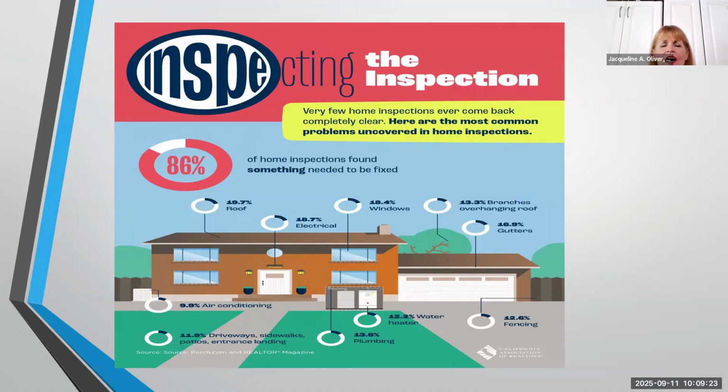Then it looks like 10% on the electrical, 10% on the windows, the branches overhanging the roof, gutters, etc. Sometimes you have air conditioning problems, driveway, sidewalk. Usually a good one is cracked concrete. Tell me when you haven't seen cracked concrete at a new home or resale. And then, of course, plumbing and water fencing, that type.